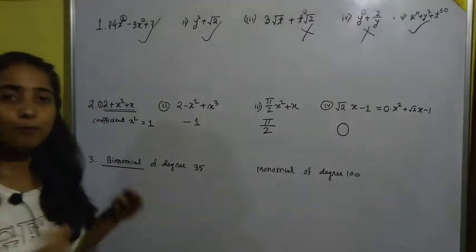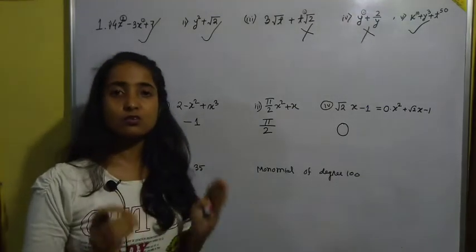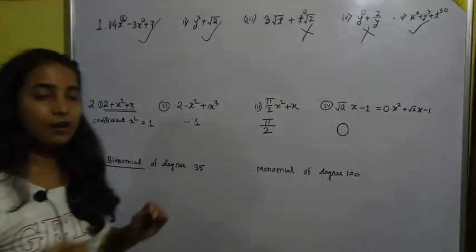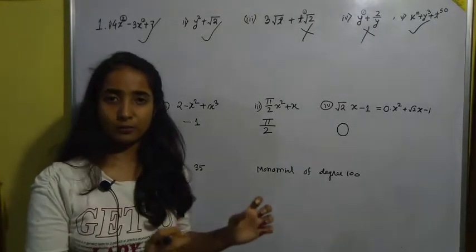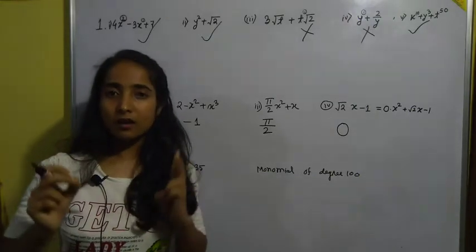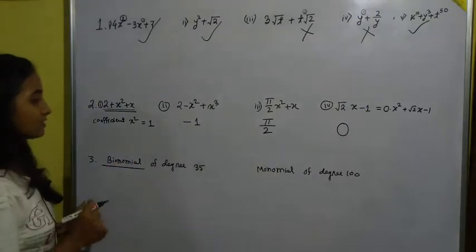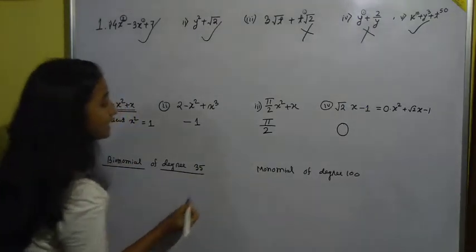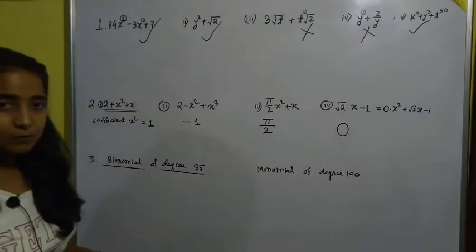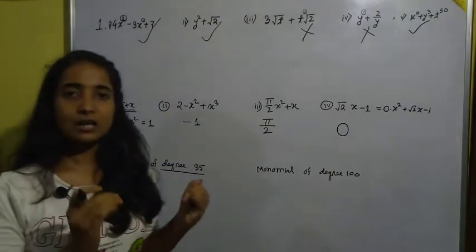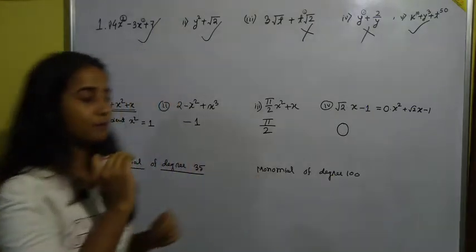Binomial means a polynomial which contains two terms. That means you have to give an example of a polynomial which contains exactly two terms. And the second condition is the degree is 35. That means the highest power of the polynomial should be 35.